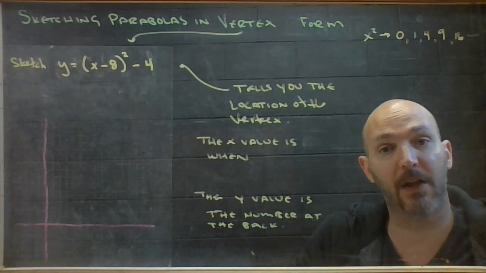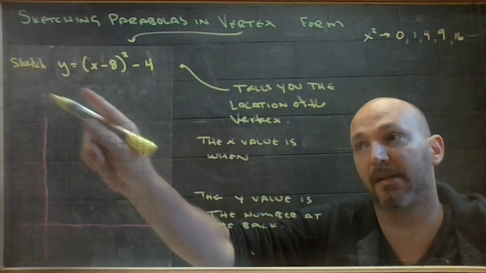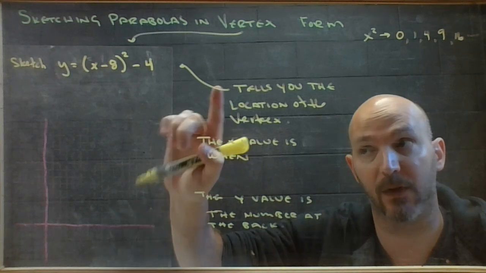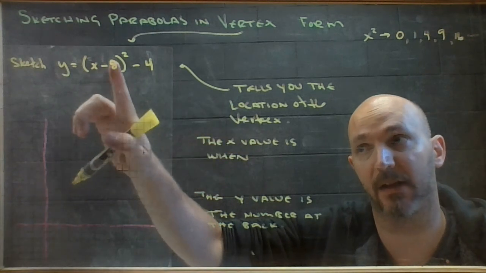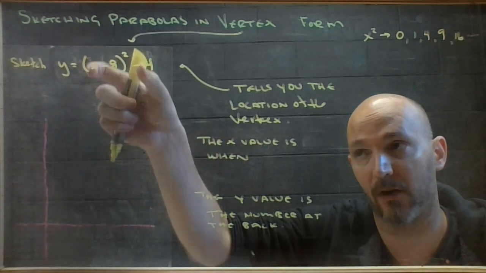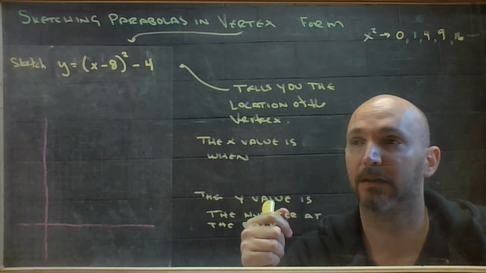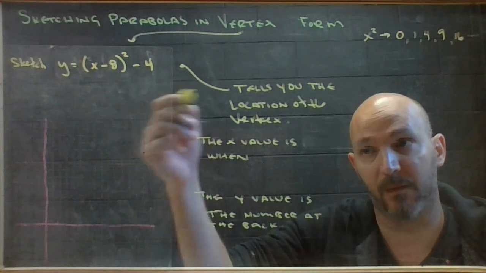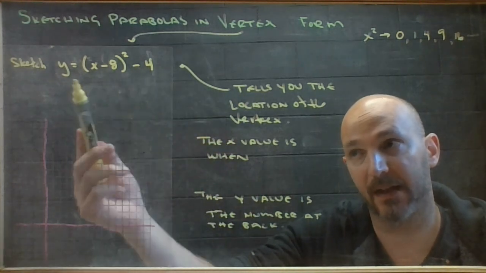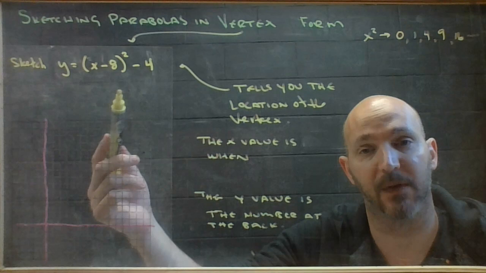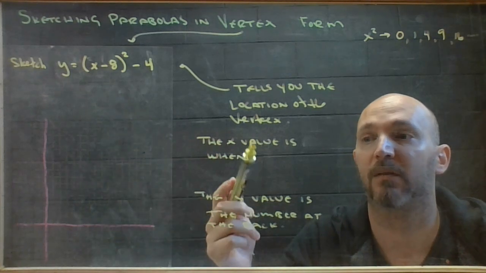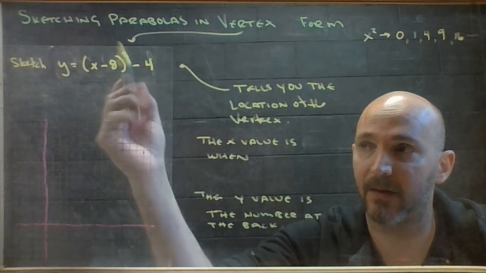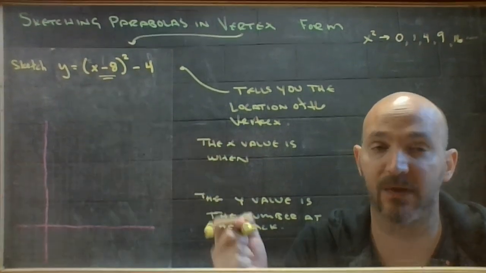So got another example there. This is another parabola written in vertex form. I can tell it's vertex form because I have an x minus something all wrapped in a square together. Now from the last example, we talked about how this thing is telling you the location of the vertex. The x value happens when this stuff inside equals 0.